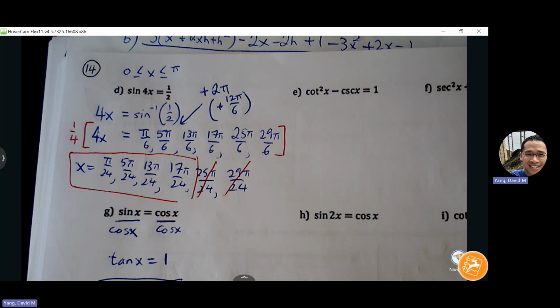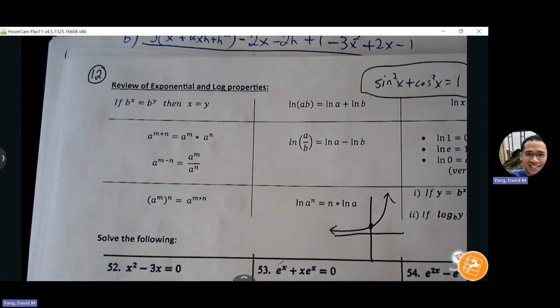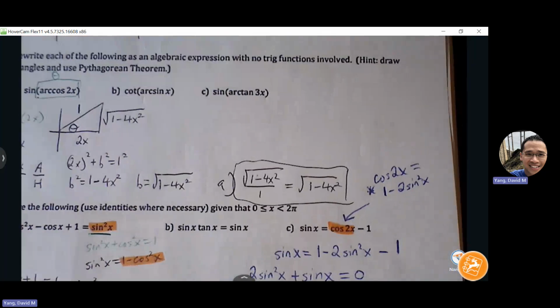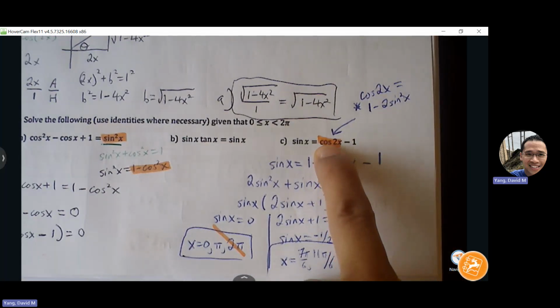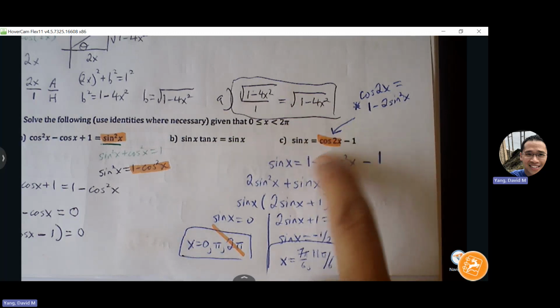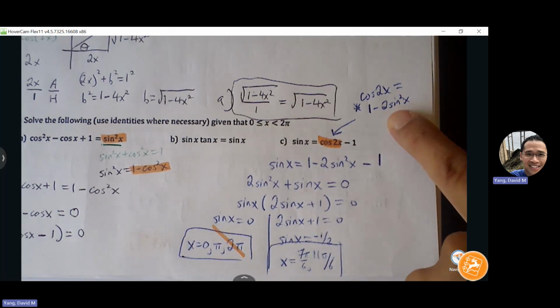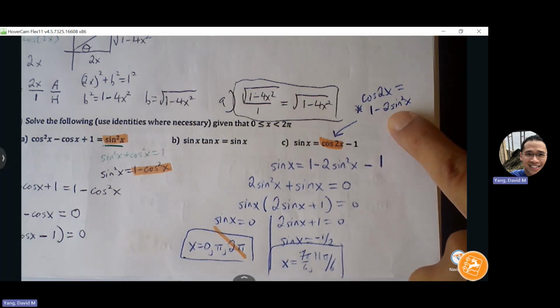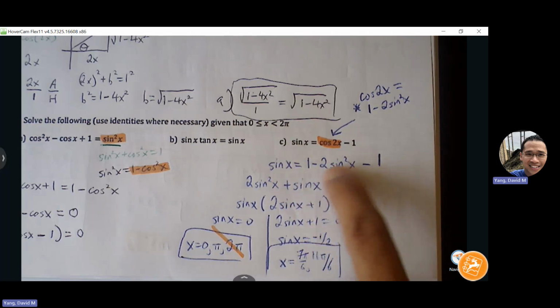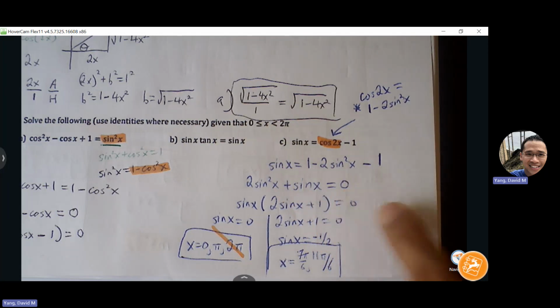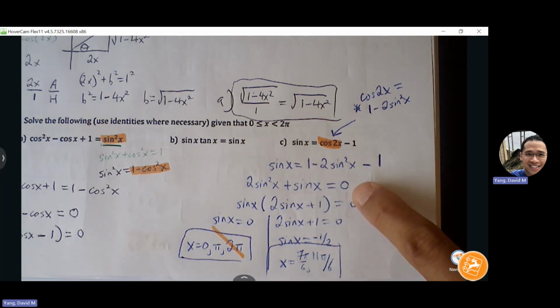Yeah, I can go over any ones you want me to go over. Part C, there's a double angle identity needed here. So if I can get that cosine 2x to be represented by sine, it makes it easier. There's an identity for cosine 2x, which is 1 minus 2 sine squared x. So now every one of these terms is in terms of sine, and factoring wise, it's a little bit easier to work with.